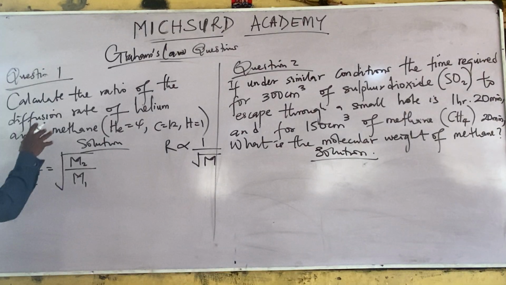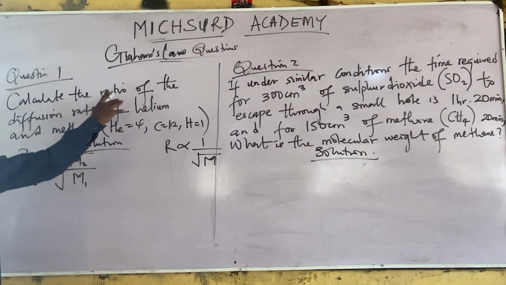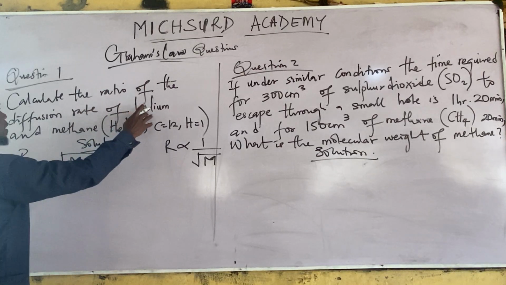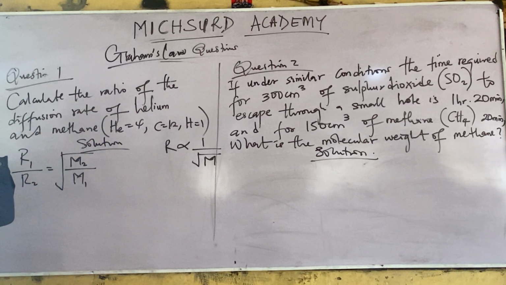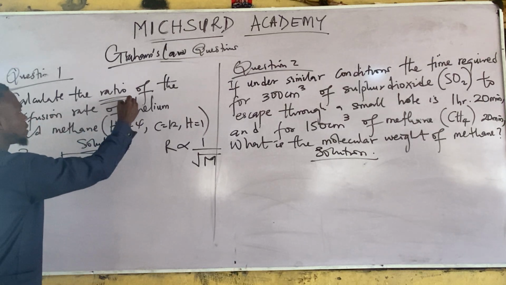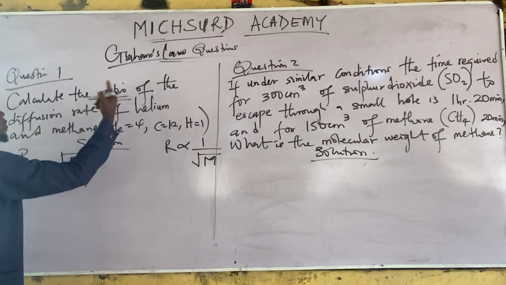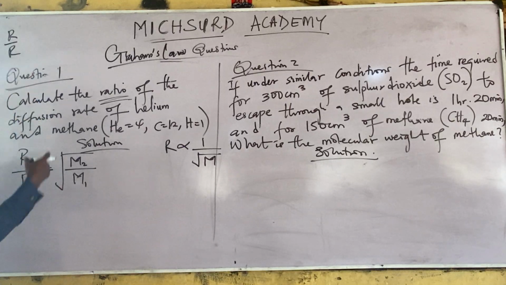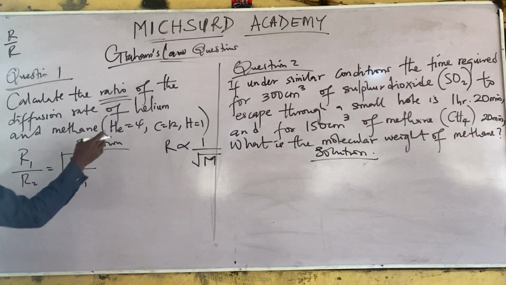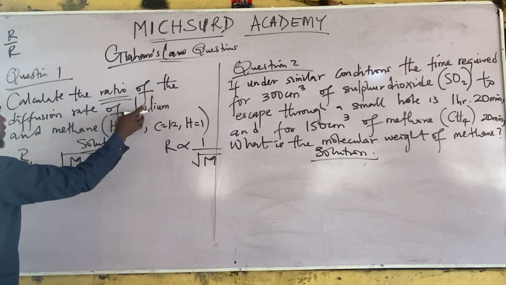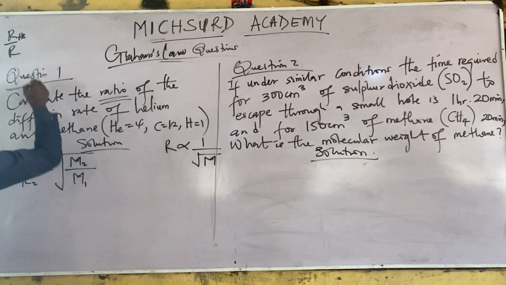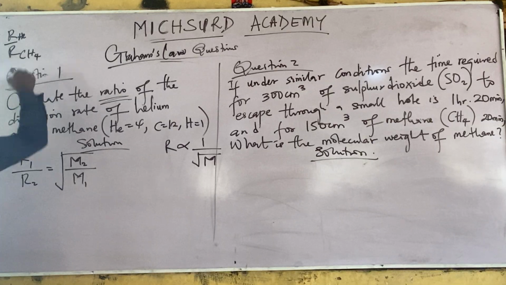Now from the question, we are asked to find the ratio of diffusion between helium and methane. The question is strictly on the ratio, and when you talk about ratio, it means you are dividing. So this is the ratio of helium, which comes first, then methane, which is CH4.